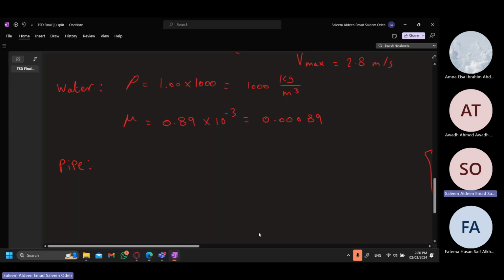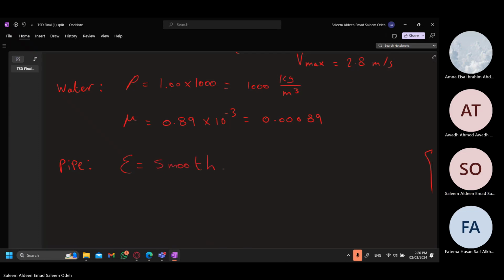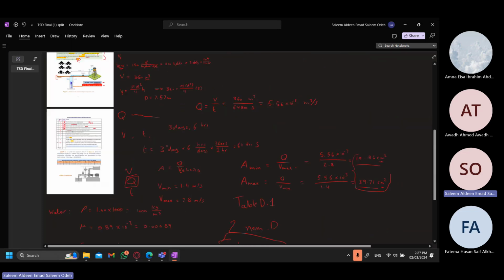We'll come to that later, but for now, just make sure you write it down so that you don't forget. Now, we need to find the friction factor of the system.